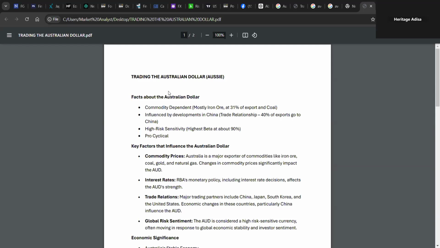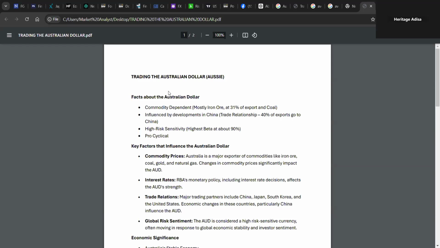Now, the next thing I want to talk about is interest rates. You see, the central bank in Australia is the Reserve Bank of Australia, short RBA. Of course, central bank decisions are very important when it comes to trading because they influence currencies almost the most, not even almost.